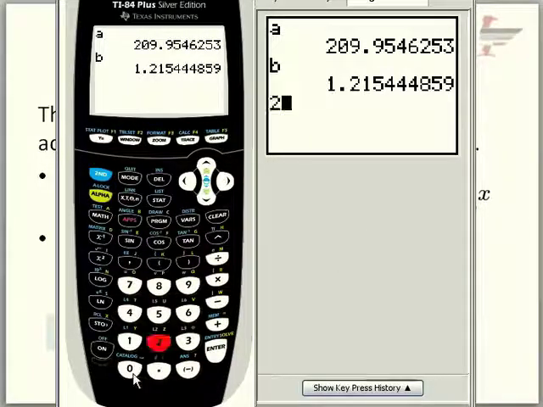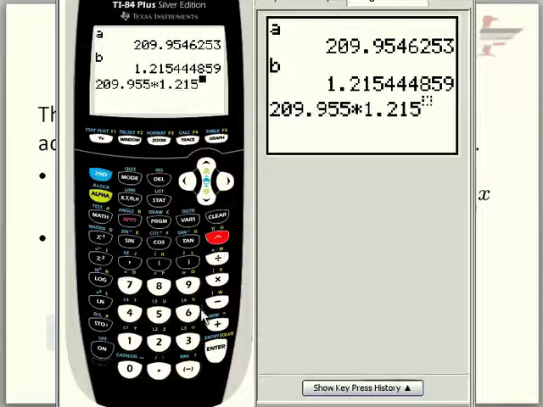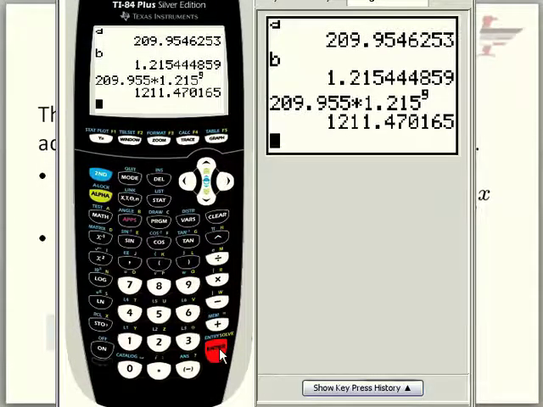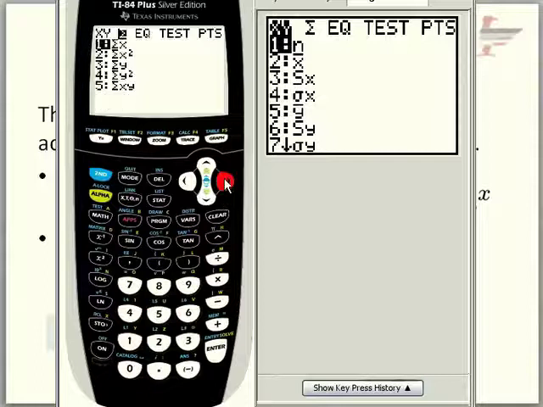So you can either do 209.955 times 1.215, raised to the 9th power. Or if you'd rather use the variables, the numbers themselves, you can click on Vars, Statistics Vars.